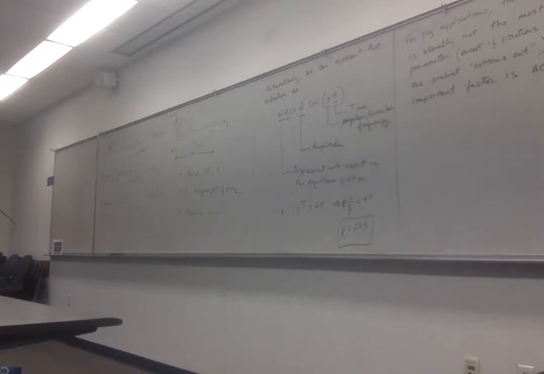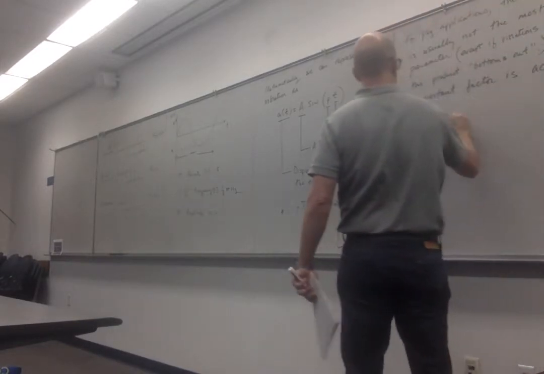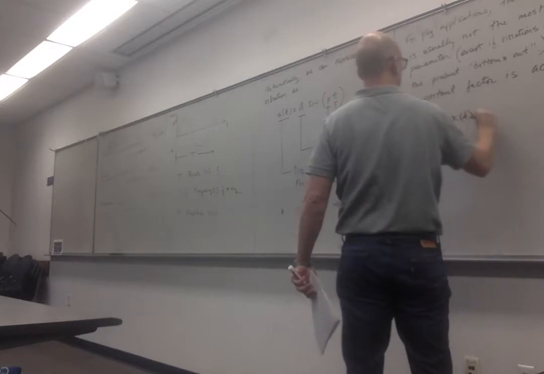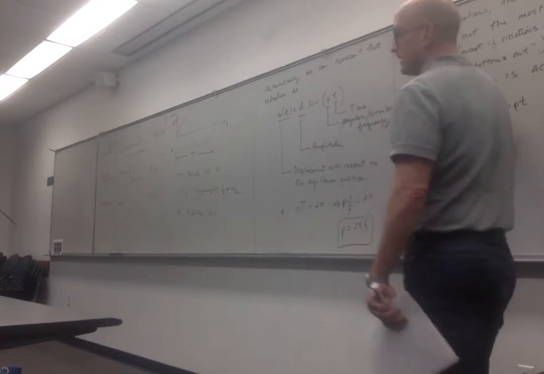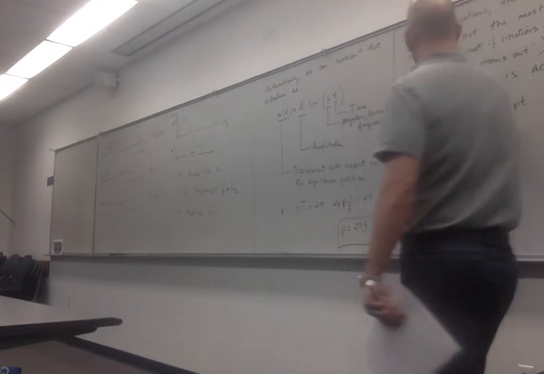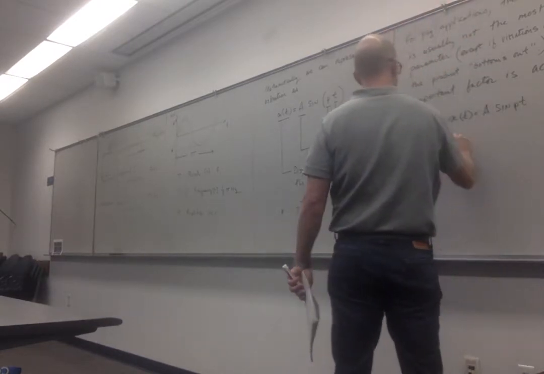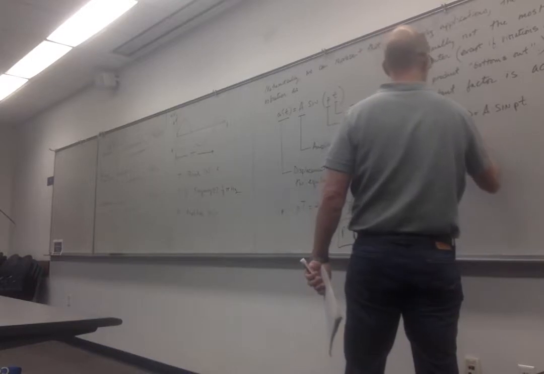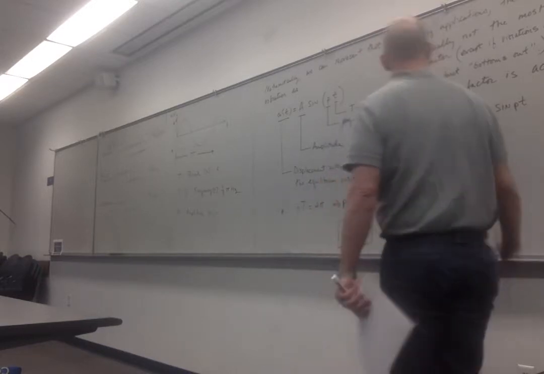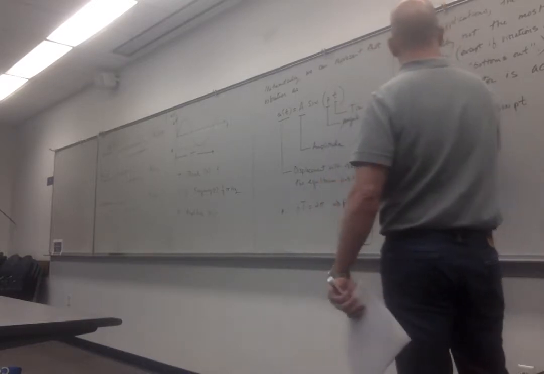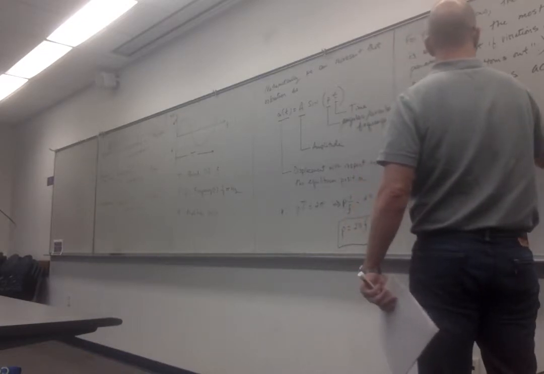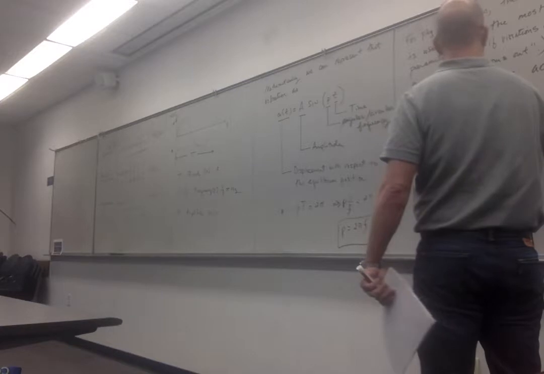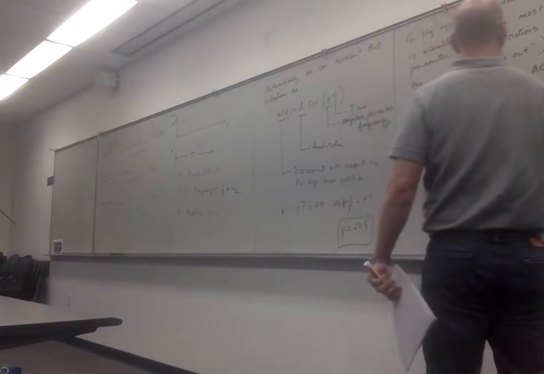If we have this displacement, that means the velocity is the variation of x with respect to t, so it's the first order derivative of x with respect to t, so it's going to be A p cosine of pt.